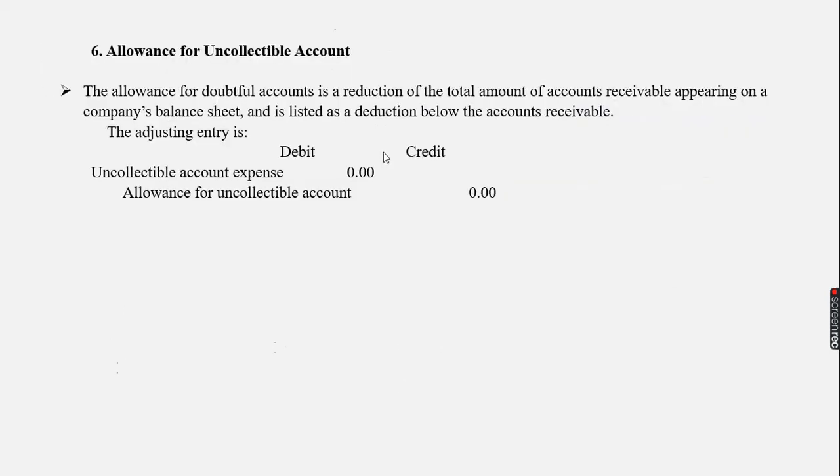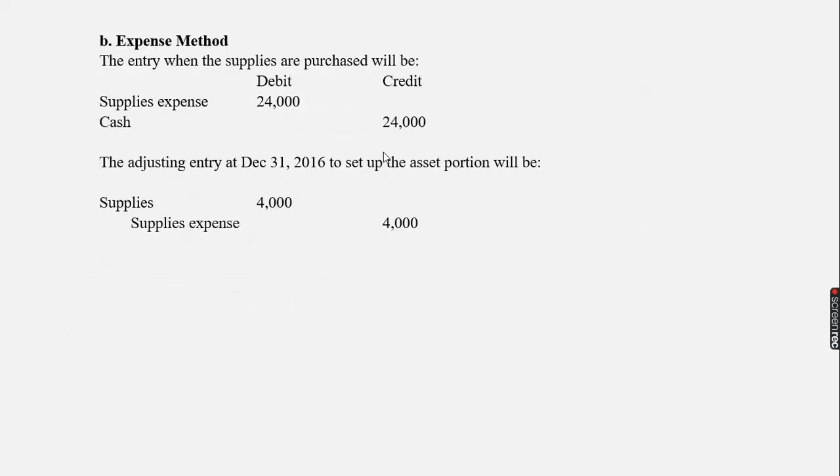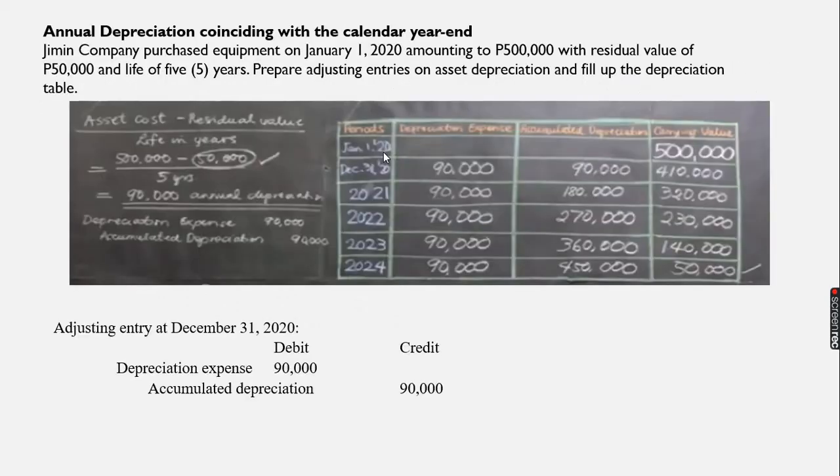Now, let's take this example again. Annual depreciation coinciding with the calendar year end. So, Jimin Company purchased equipment on January 1, 2020 amounting to 500,000 with residual value of 50,000 and the life of 5 years.